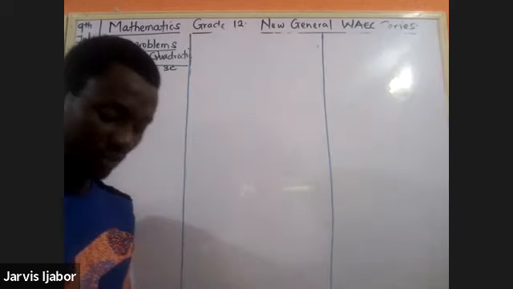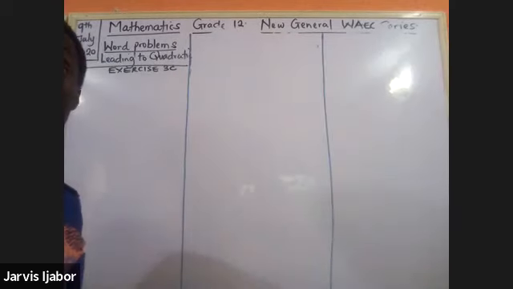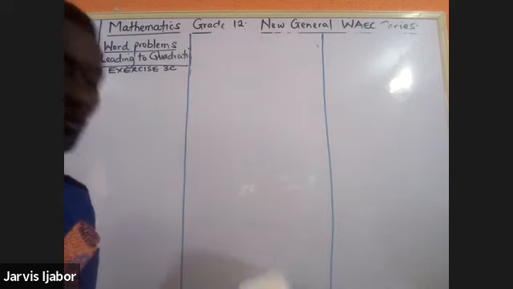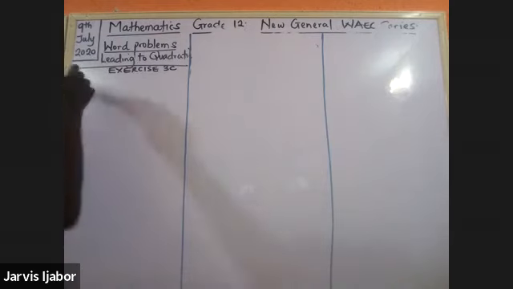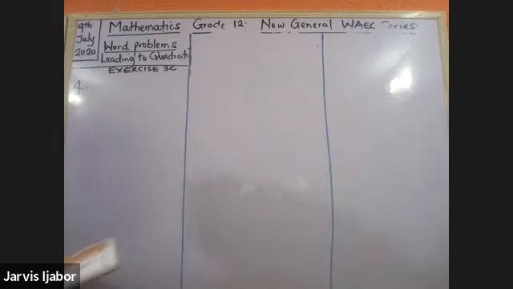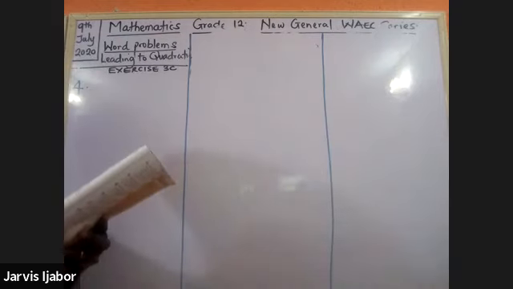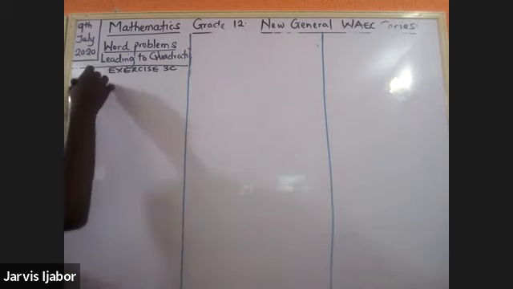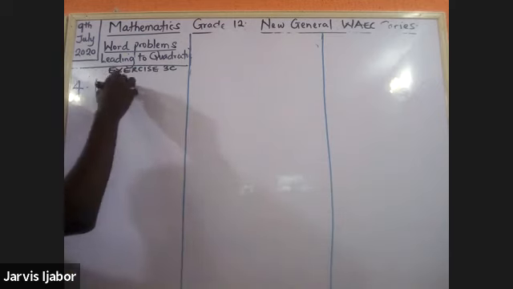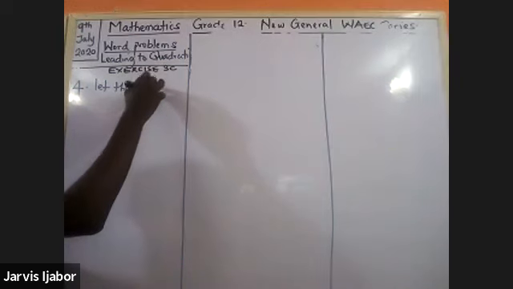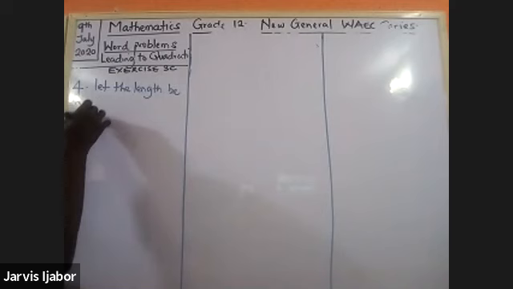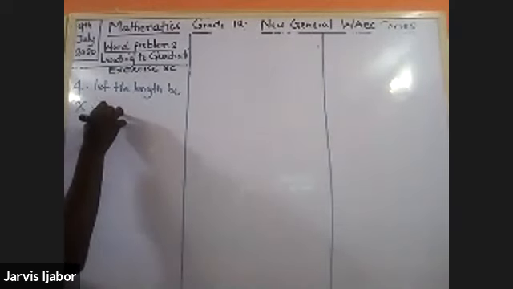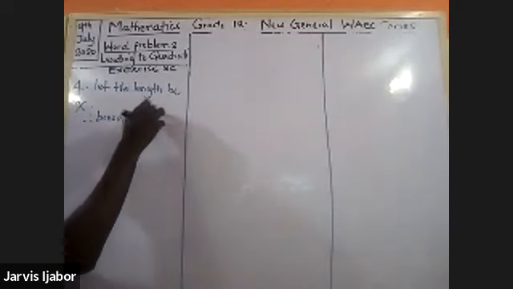Okay, for the next set of questions, we'll try to generate the equations, and then I will expect that you finish it up. Now, question 4. The length of a room is 3 meters longer than its breadth. So let the length be x. So therefore, breadth will be equal to x minus 3.